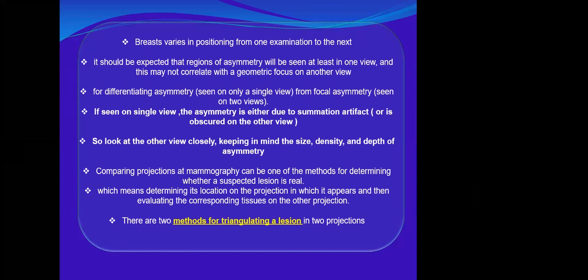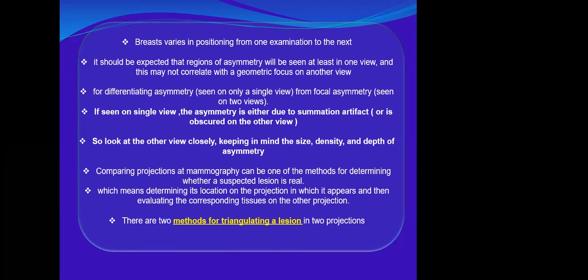So we need to keep looking in the other view for that abnormality, keeping in mind the size of the abnormality or lesion, its density, and its depth, as we described before.